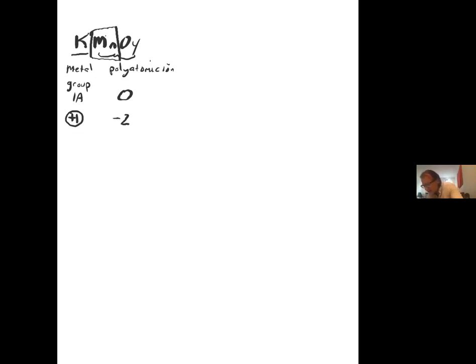You look at it, it has 0 charge, so that means it's a compound. Okay, so that means it's got to add up to 0. So here's what you do. You got potassium, which is +1. You got manganese, which you don't know. And you got 4 oxygens. And each oxygen is -2.